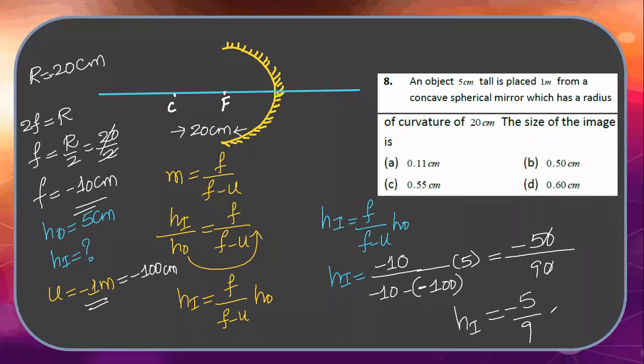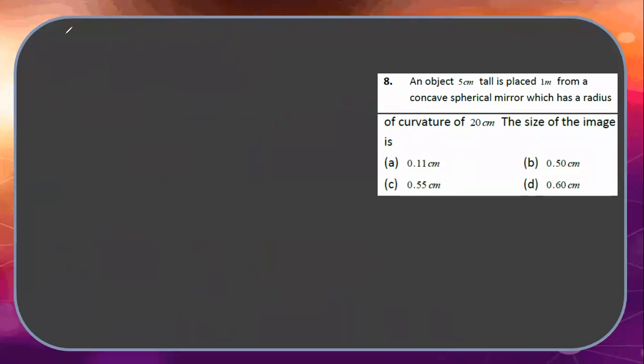So 5 by 9 will be equal to 0.55 centimeters. So Hi is equal to minus 0.55 centimeters. That means the image will be like this. Inverted image it is. Next.